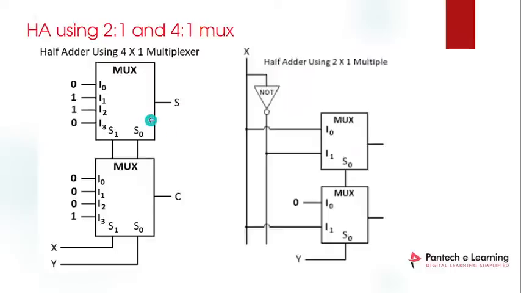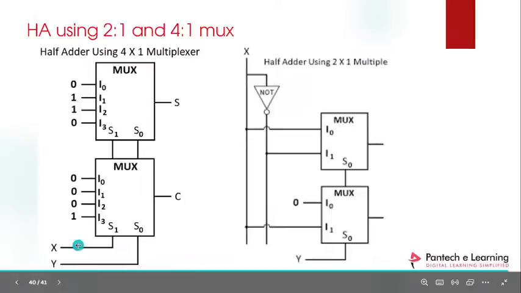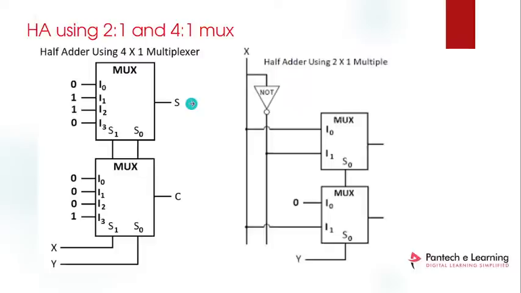This is a logic diagram for the 4x1 mux for the half adder. The inputs are given as selection lines, like A and B. The half adder performs the addition operation, with 2 outputs, sum and carry. The sum does the XOR operation, and the carry does the AND operation of the inputs.